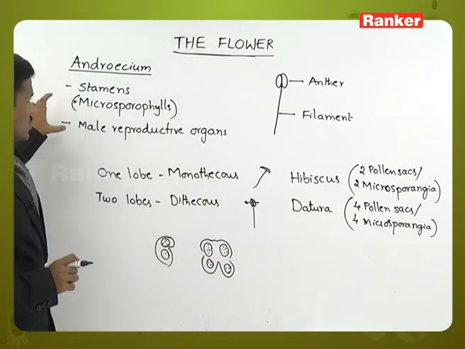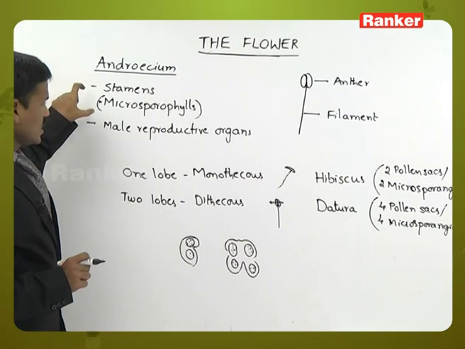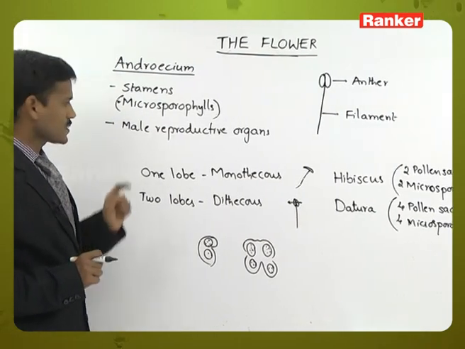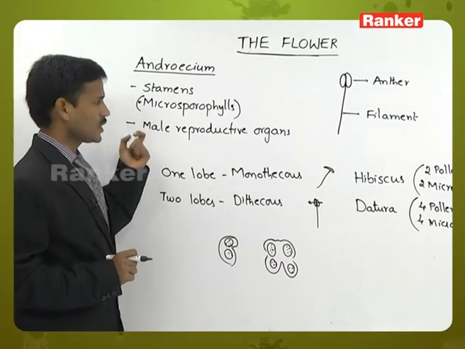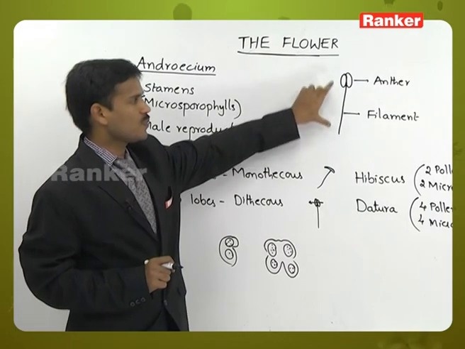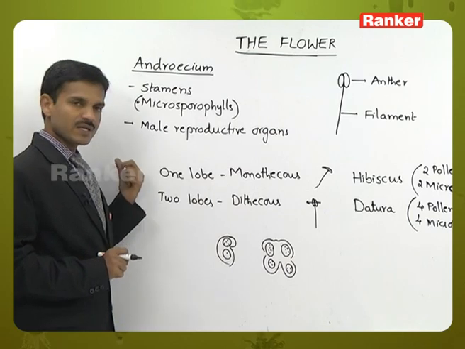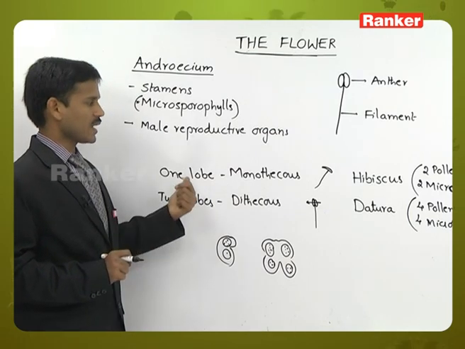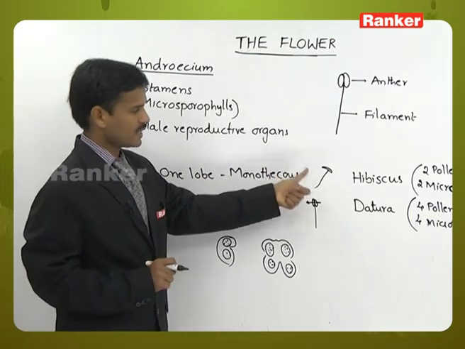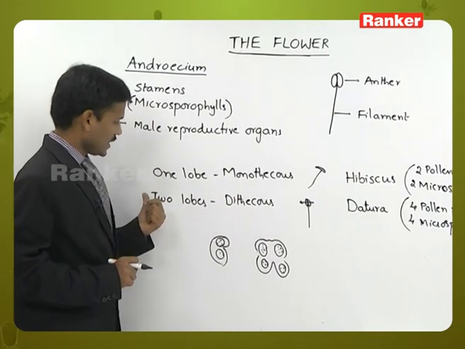So, Androecium is composed of stamens, also known as microsporophylls, and these are the male reproductive organs having two parts, filament and anther. Anther has only one lobe in some plants like the hibiscus plant, and two lobes in others.